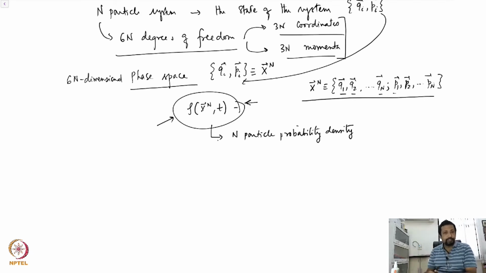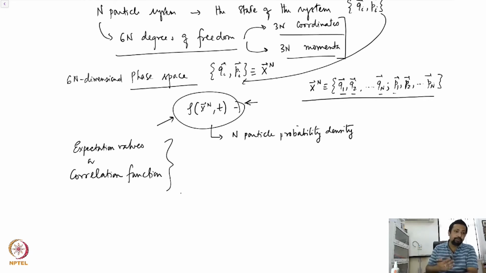The main purpose of this density is typically to calculate expectation values or correlation functions, which are typically measured in experiments. And therefore, we at most need generally one body or two body probability densities, right?